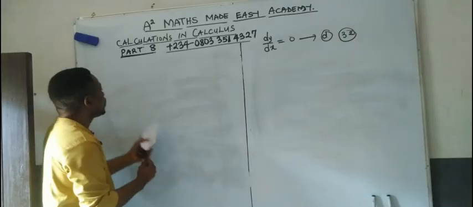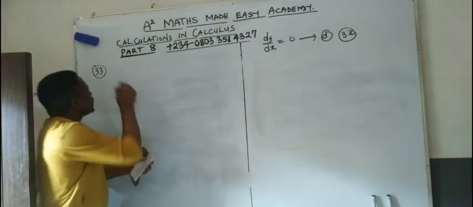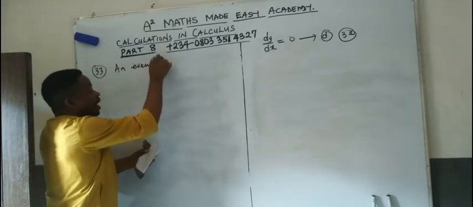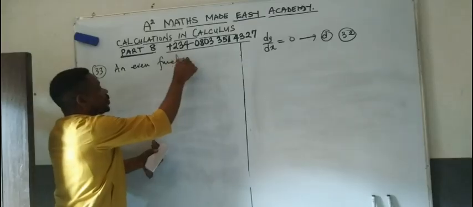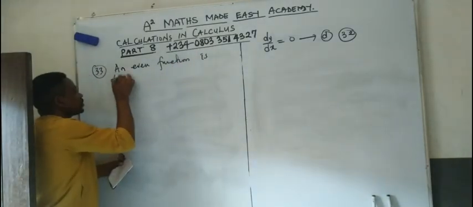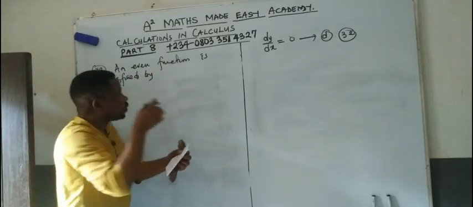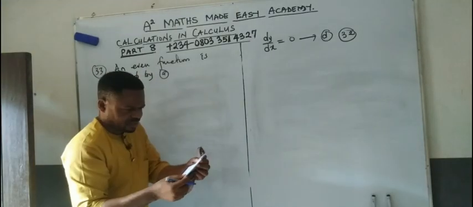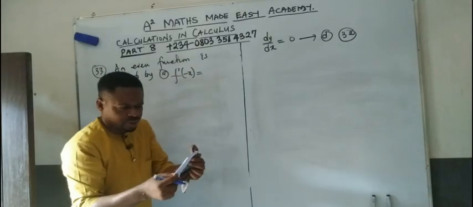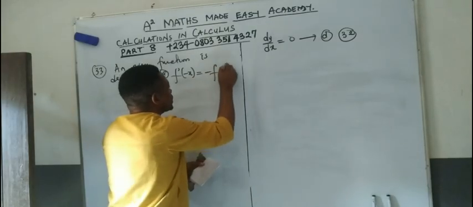Look at the question. Question number 33 says this: an even function is defined by. Option A says f of minus x is equal to minus f of x.